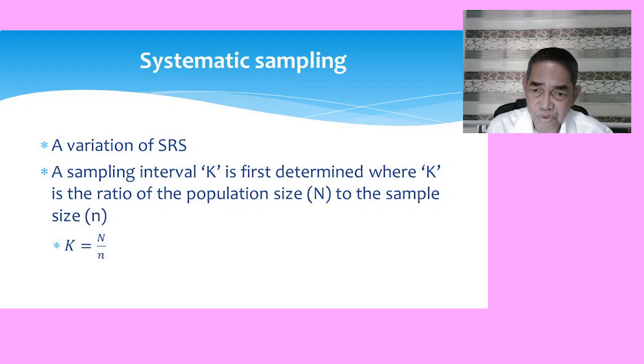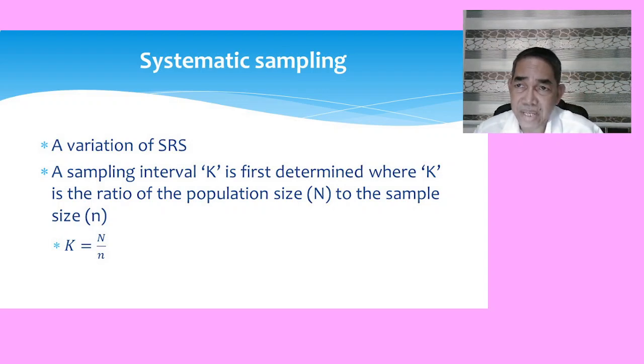Suppose using simple random sampling, using a computer-generated random number, or even a scientific calculator that will give a random number, suppose I get 11. So number 11, we need a sampling frame. We need a sampling frame for both simple random sampling and systematic sampling. So number 11 in the sampling frame becomes my first participant.